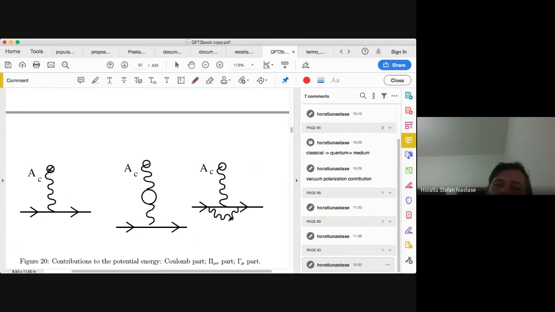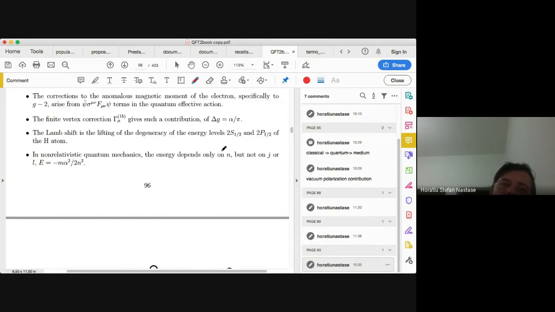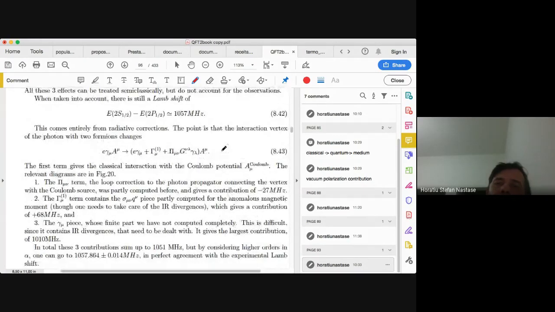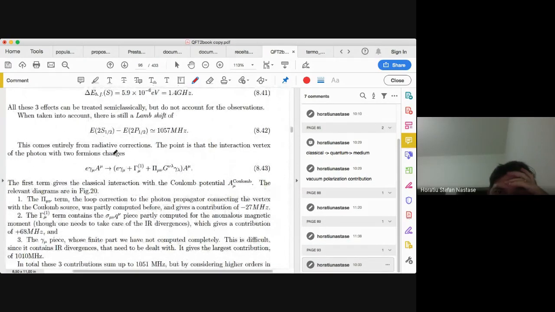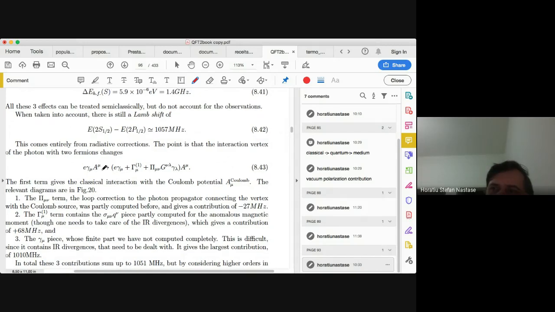But that was this Feynman diagram. So when considering the interacting vertex of the photon with two fermions, we had the classical vertex e gamma mu. So now we consider A mu to be a source, the gauge field corresponding to the Coulomb potential of the source, of the nucleus.